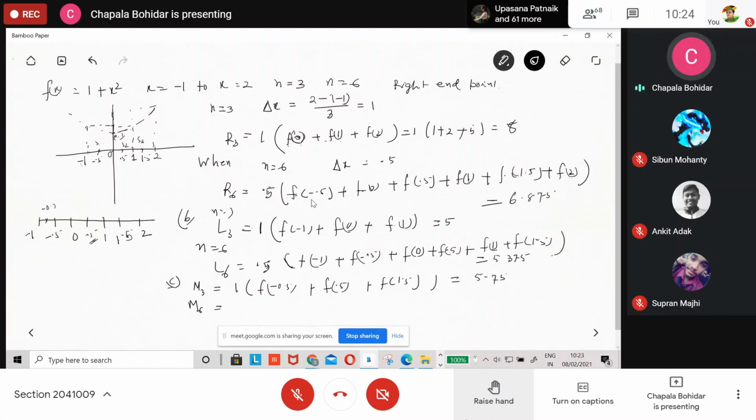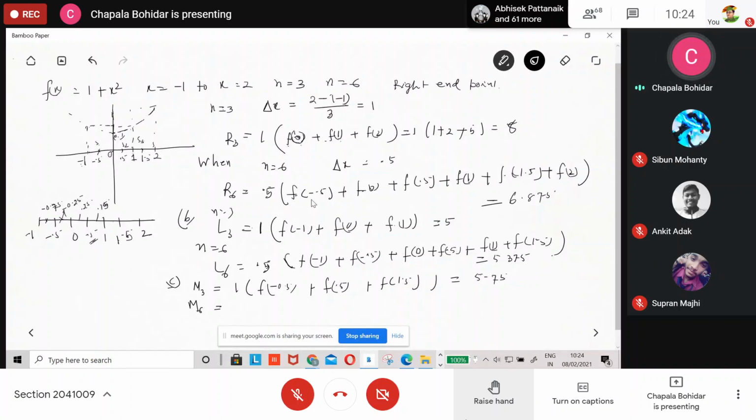Then minus 0.25, then 0.25, then 0.75, okay.